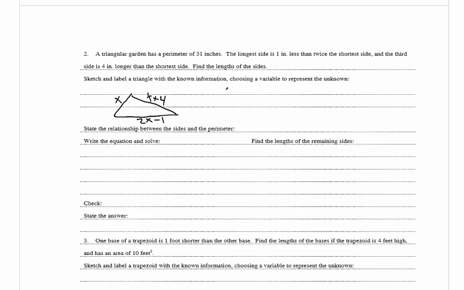And our x variable represents the length of the shortest side. And now they want us to state the relationship between the sides and the perimeter. And the sum of the lengths is equal to the perimeter.